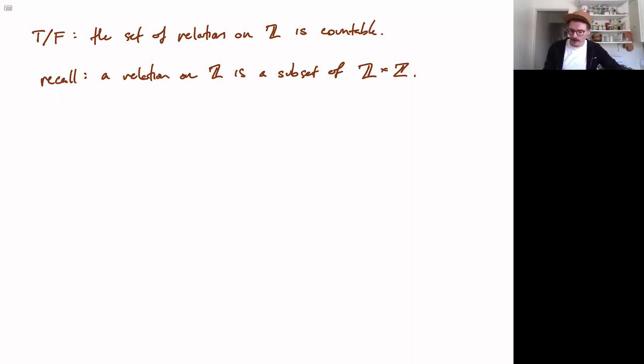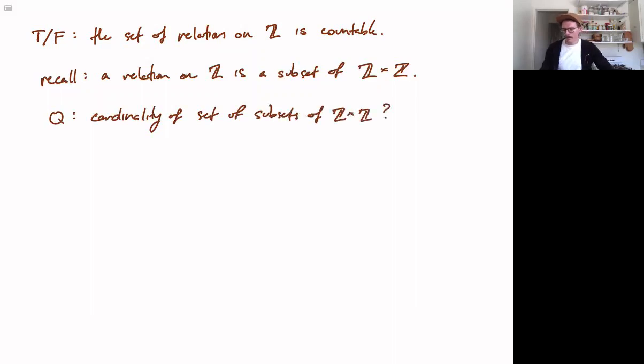So, updated question. What is the cardinality of the set of subsets of Z cross Z? So this is still not something that's completely obvious, that we've seen very concretely before.